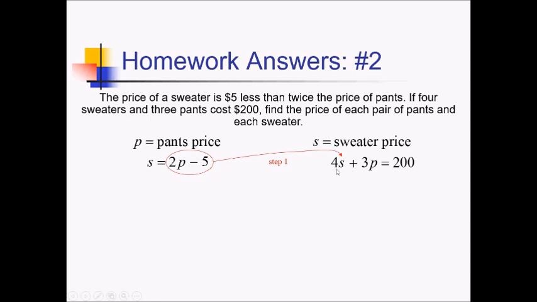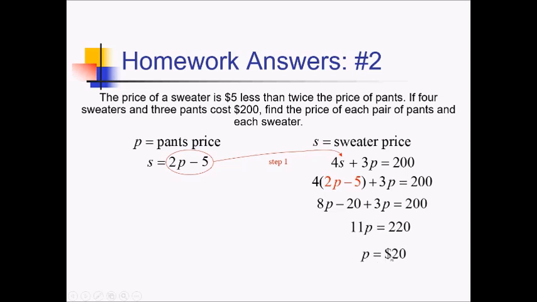So I can write 4 parentheses 2P minus 5 plus the 3P that's already there equals 200. Distributing, we've got 8P minus 20 plus 3P equals 200. So that's going to be 11P if I add those together. And let me just add the 20 over to the other side to get 220. Dividing both sides by 11, we get P equals $20.